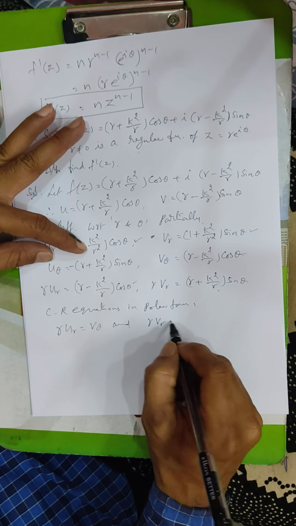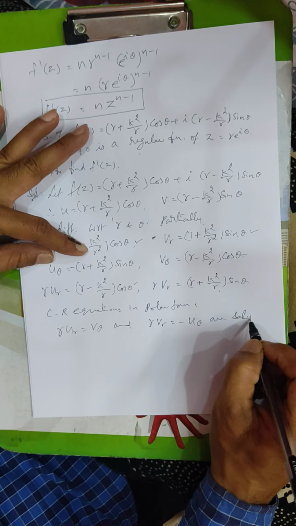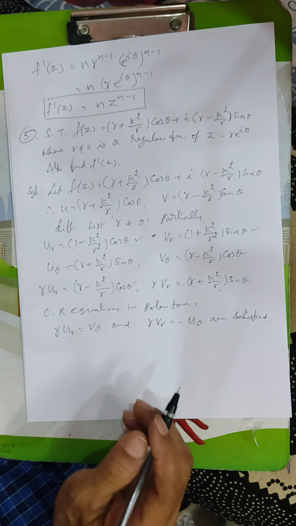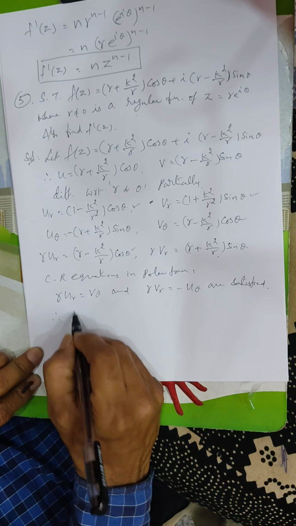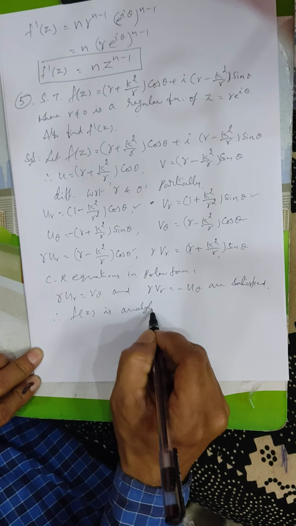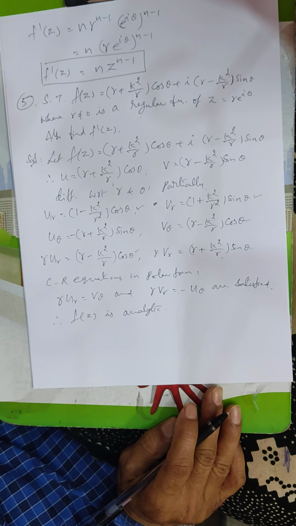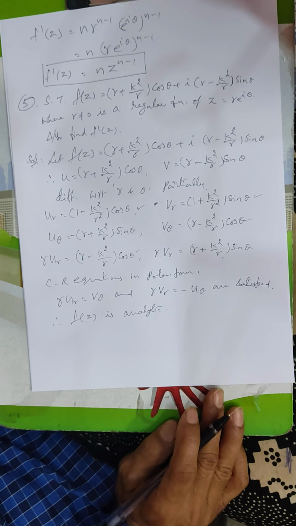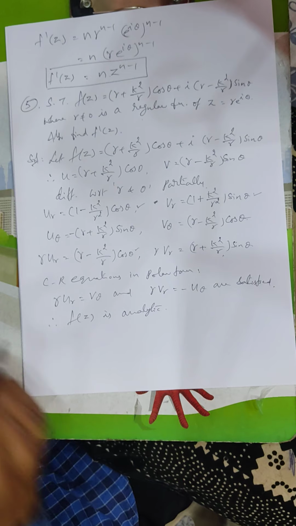These are satisfied. So once the CR equations are satisfied, the given function f of z is analytic. So that is the first part of the problem. Now let us find its derivative, f dash of z.